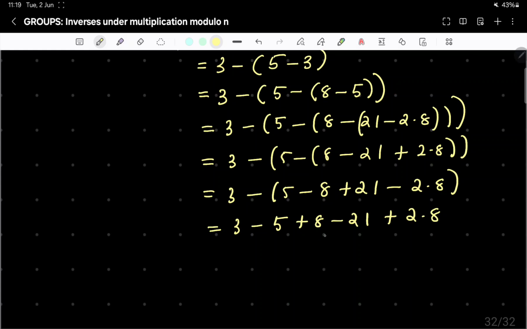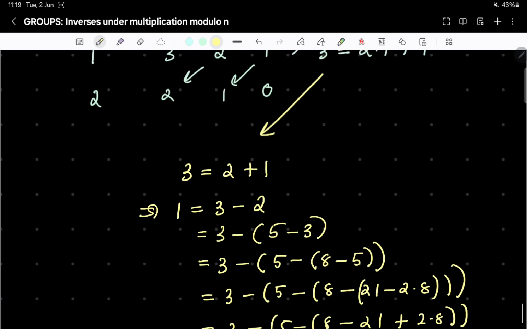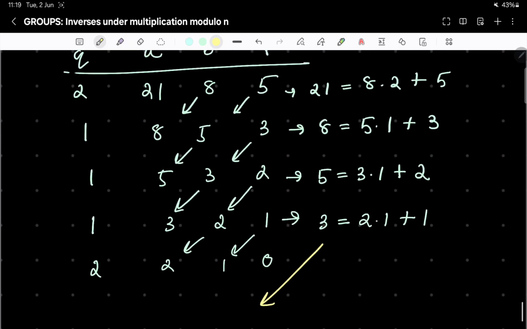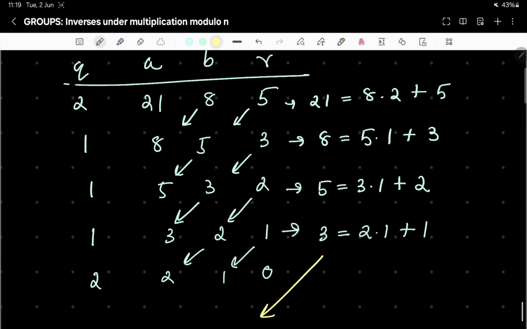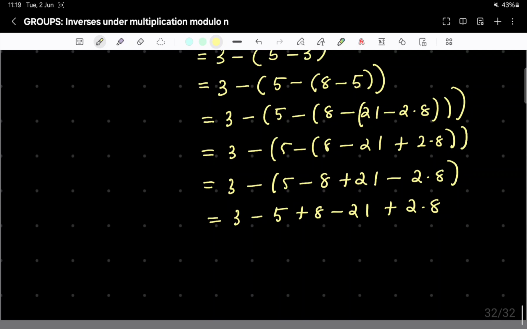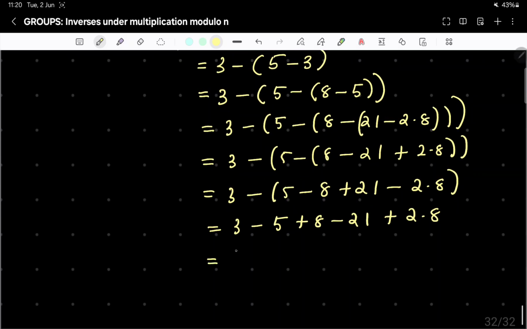So now it is not completely in 8 and 21. We have some fellows here, this 3 minus 5. So first 3 you can write as 8 minus 5.